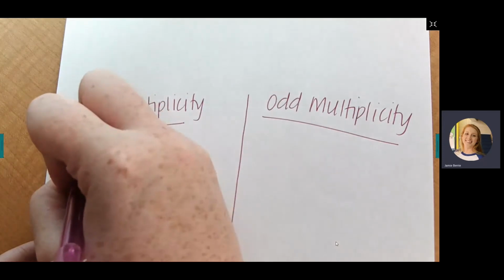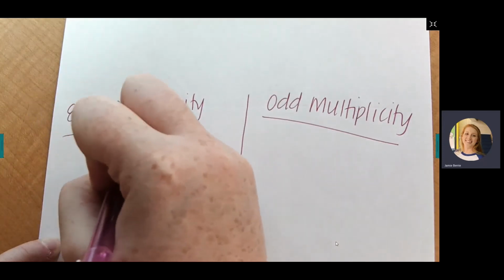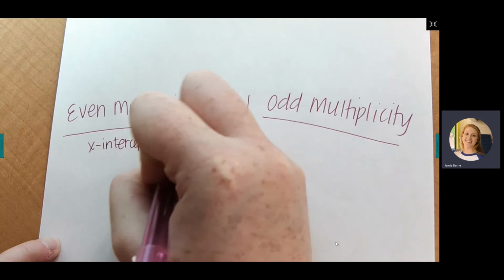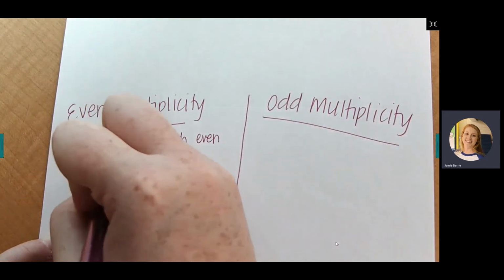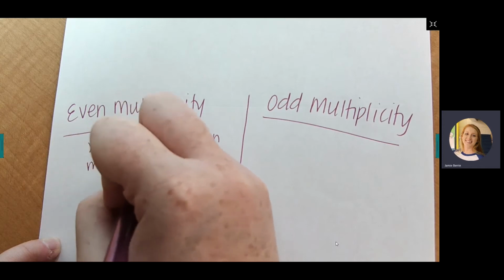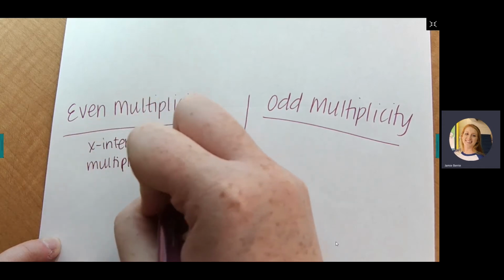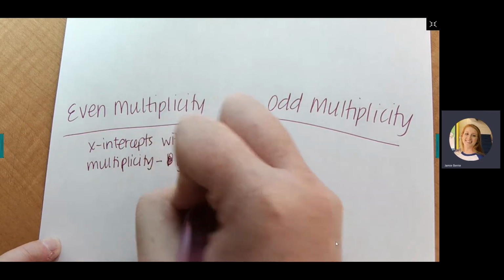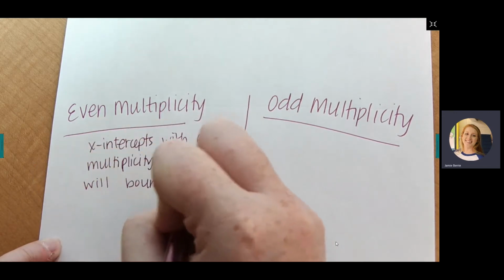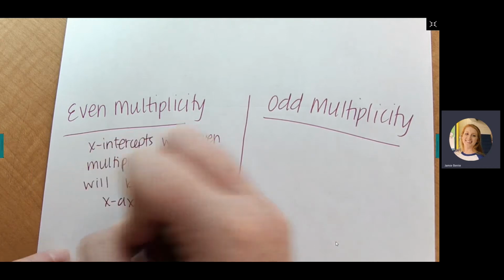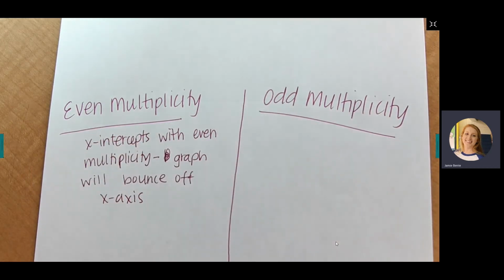So for x-intercepts with even multiplicity, your graph is going to bounce off the x-axis. It's going to get really close to the x-axis, just touch it, and then bounce back off. So if you have an x-intercept with an even multiplicity, your graph is going to bounce off of the x-axis.